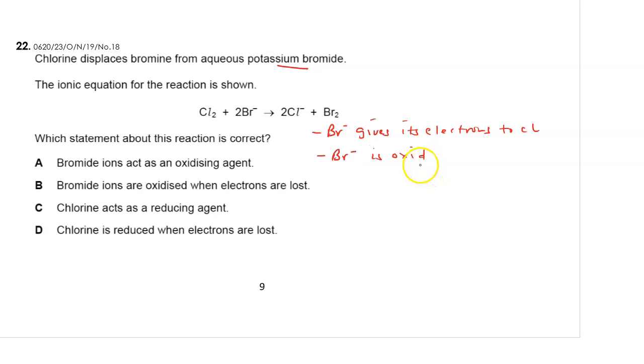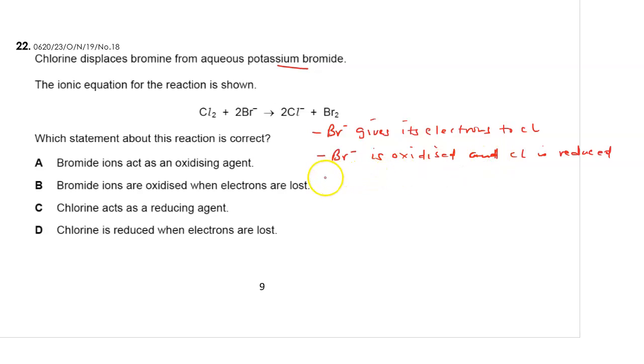Since bromide has given its electron to chlorine, bromide has been oxidized, and chlorine is reduced. Don't forget, oxidation is loss of an electron, reduction is gain of electron.